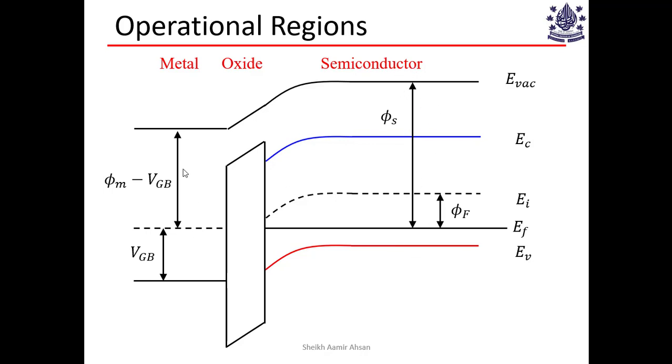Now see, if we reduce this Fermi level by this amount, VGB, then what we are left with here is phi m minus VGB. If you add these two together, phi m minus VGB plus VGB, you get phi m, which is basically the work function of this metal. So let's write one equation.